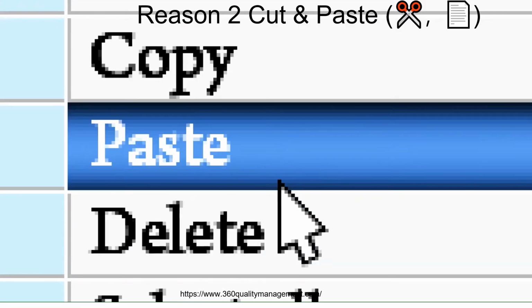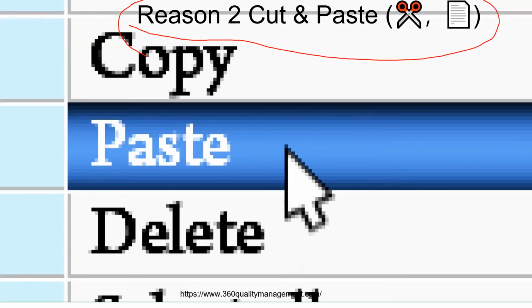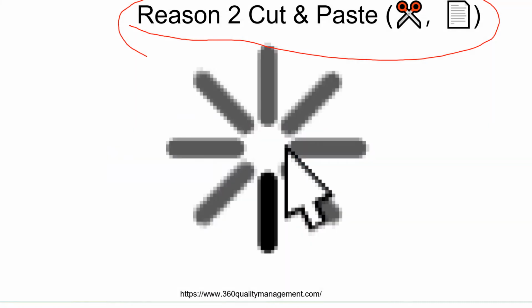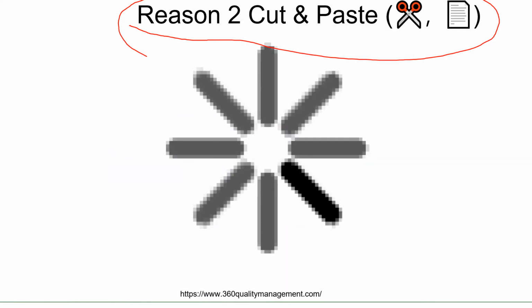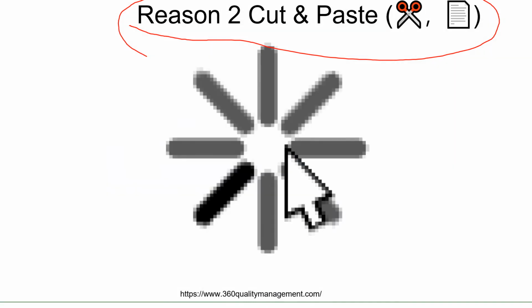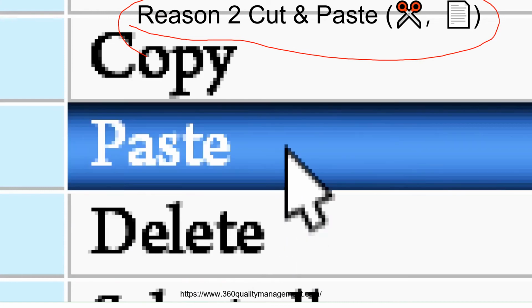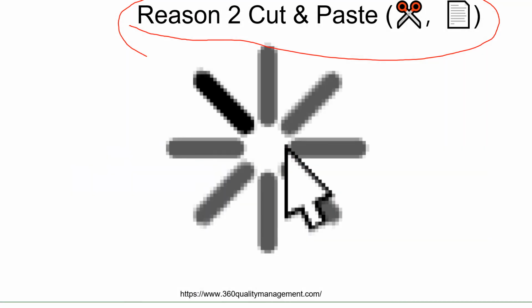Reason number two would be due to cut and paste. In my career as a supplier quality manager, I have seen FMEAs adopted from old or previous generation products' FMEA with a cut and paste approach.